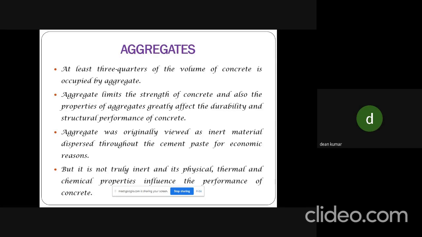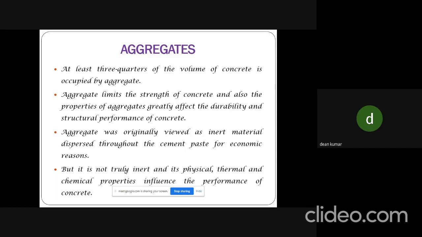Earlier, they assumed that coarse aggregate was inert material, like fine aggregate, that is sand. But later they found that, as I discussed when we discussed the compounds of the cement, alkalis are present. These alkalis react with some types of naturally available aggregates, and a chemical reaction takes place, which affects the properties of concrete.